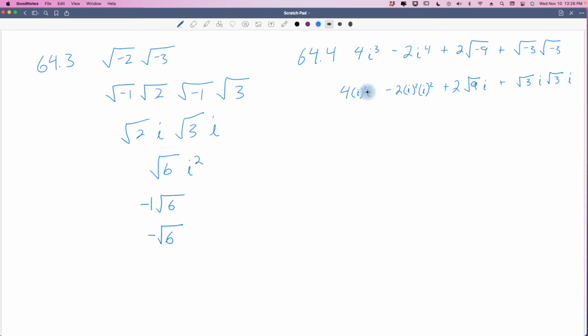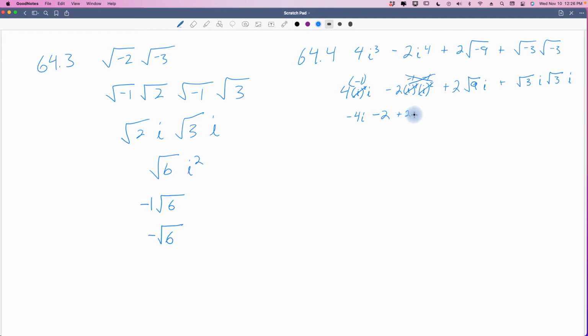Now we remember that an i squared, that's going to be a -1. So this becomes a -4i. This becomes -1 times -1, which is a +1. They cancel each other out. So this remains a -2.